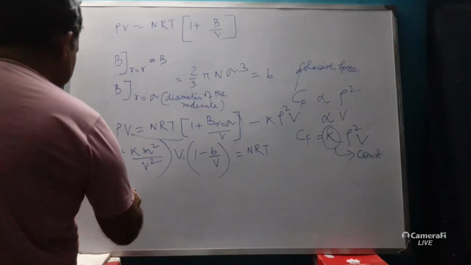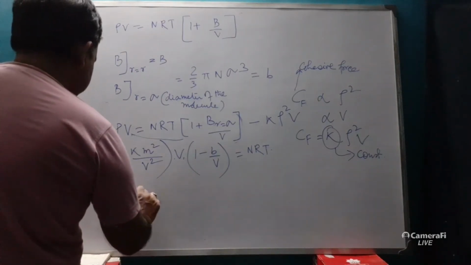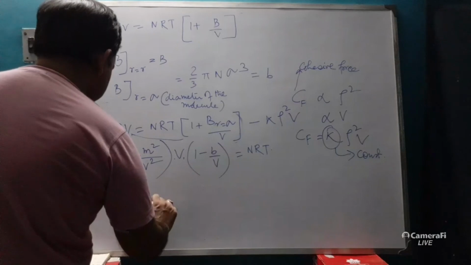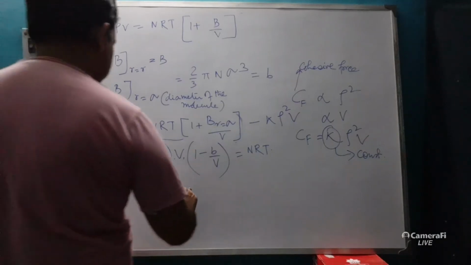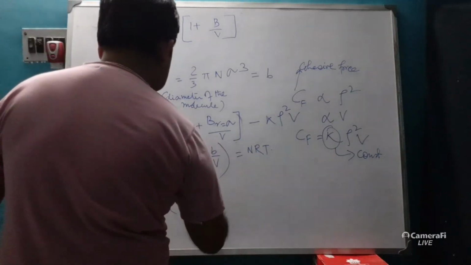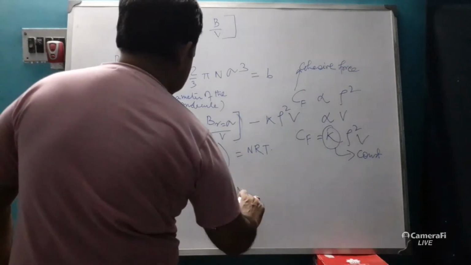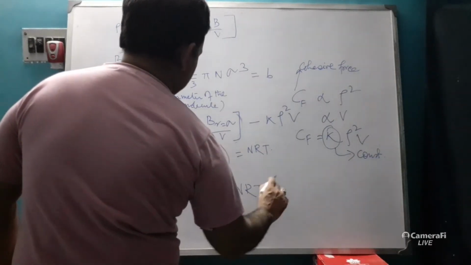So solving this, we will get (P plus a by V square)(V minus b) is equal to nRT.